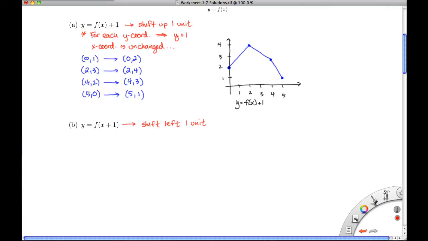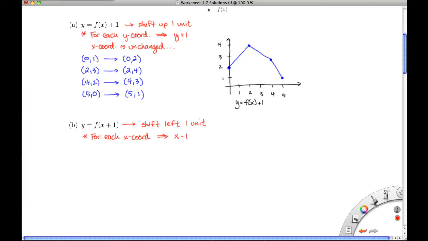And if we think about how this is going to transform each of the individual points, in the same way that the last problem did, what we're going to see is that this is going to affect the x coordinate. By shifting side to side, the x coordinates are going to be affected. So for each x coordinate, essentially if we wanted to move every point to the left, we're going to take the pre-existing x-coordinate and then subtract 1 from it.